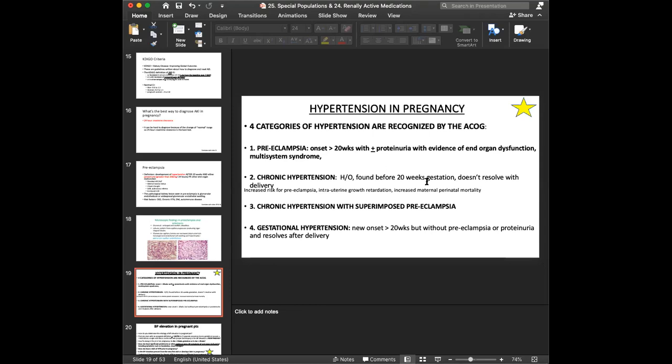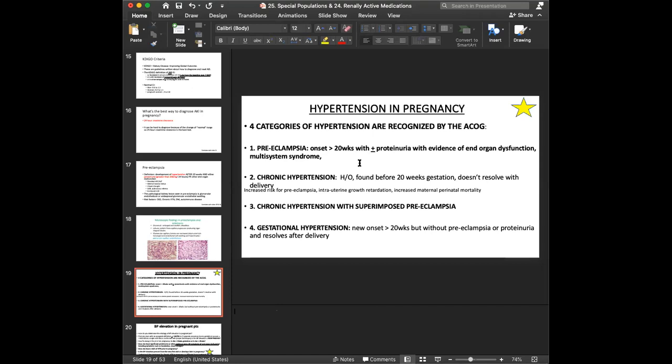Well, if they had high blood pressure prior to pregnancy, this is so important because people had the hardest time knowing this last year. If they were already diagnosed with hypertension before they became pregnant, it's just chronic hypertension. It's not preeclampsia. It's just hypertension because they've already had hypertension.